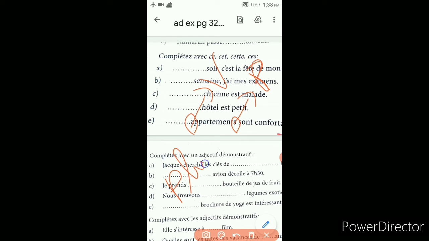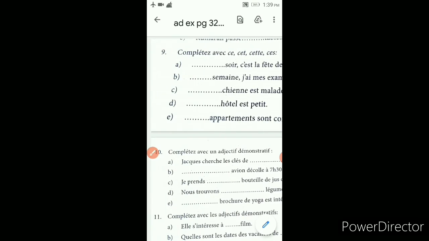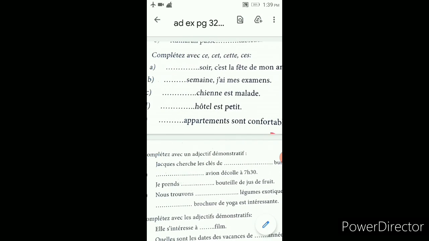So for plural, the vowel concept is not applicable. So ses appartement, you have to apply only the plural concept. Plural is ses appartement, so confortable. Chien means dog. Malade means not well.